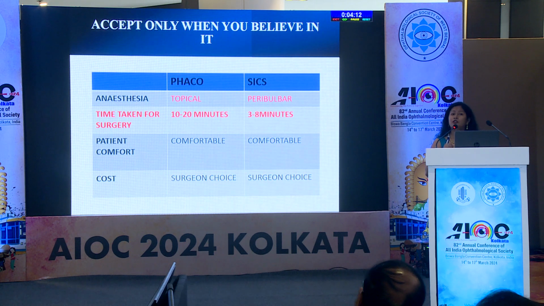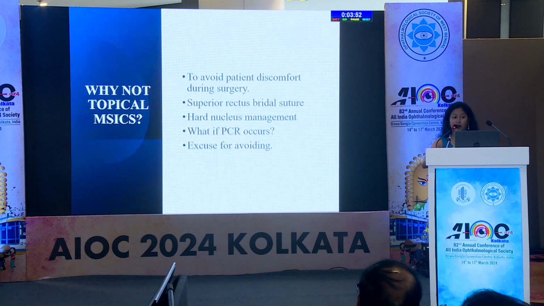Why was this? I sat down and analyzed my records. I was completing my SICS cases in 3 minutes under peribulbar, and my phaco cases in 10 minutes under topical. So what was the difference in my mode of operation? Why didn't I shift earlier?